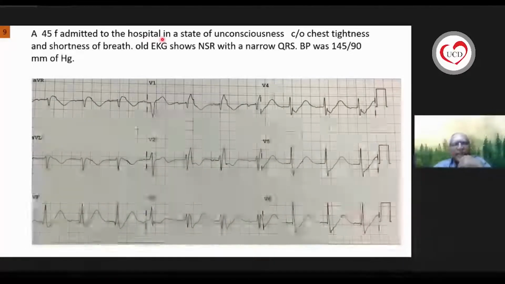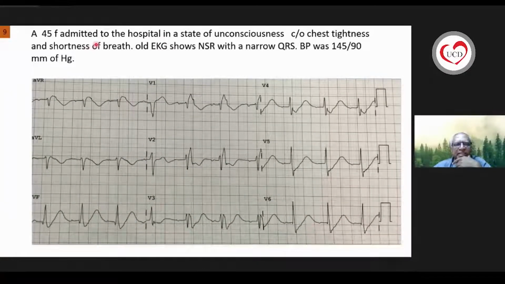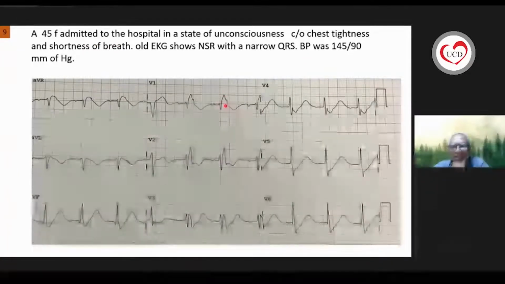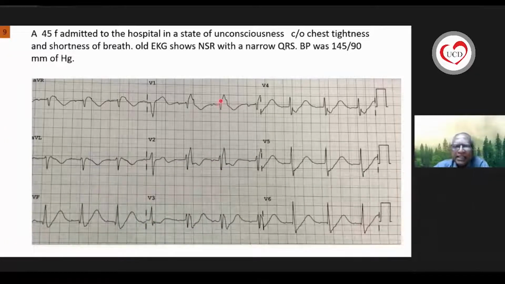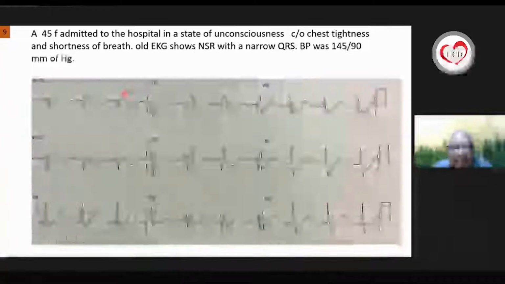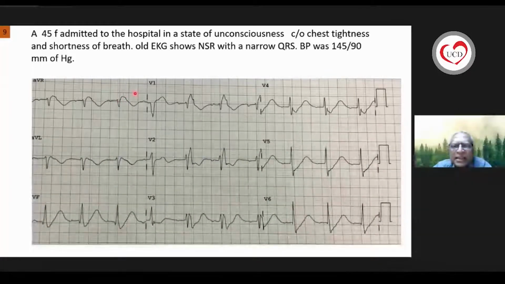Again, when you sit in the casualty and the patient comes to you with hypotension and a comatose situation, and it looks like a right bundle branch block with a delayed second component and notching, and there is a delayed second component in AVR, one of the differentials is something like a diffuse sodium channel blockade. Several drugs we use in clinical practice, like amitriptyline and tricyclics, can cause this.